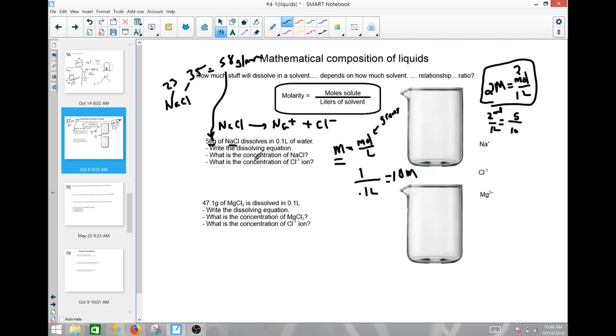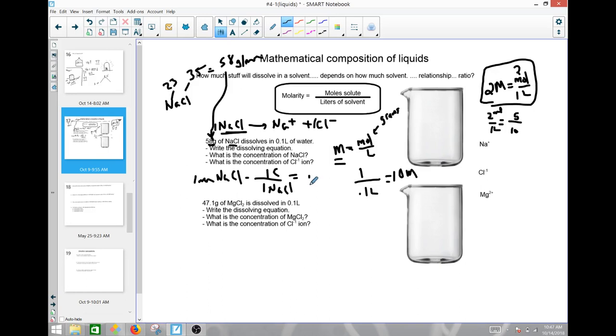What's the concentration of the chloride ion? This is something that's important to see: for every one of these guys, I get one of these. So the answer for this one is also 10. You could look at it as you have 1 mole of NaCl, and for every 1 NaCl, you get 1 Cl.